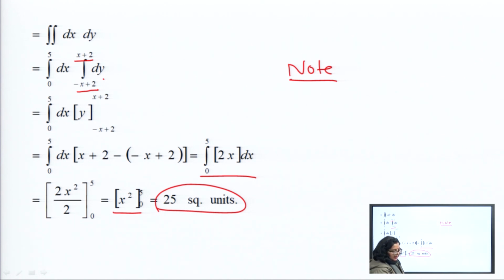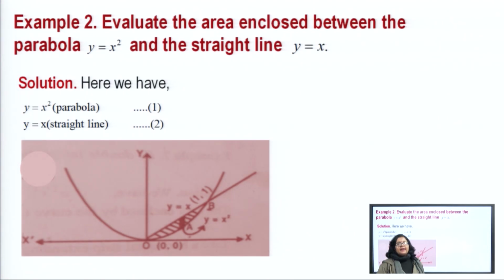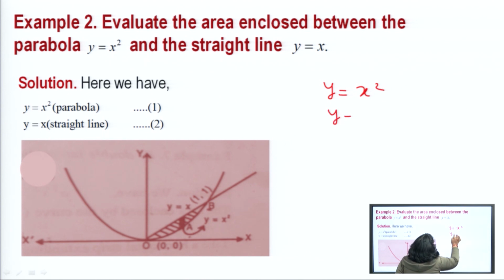Okay. And next example, also find the area of the given curve. Evaluate the area enclosed between the parabola and the straight line. First step: y is equal to x square is a parabola equation, and y is equal to x is a straight line.